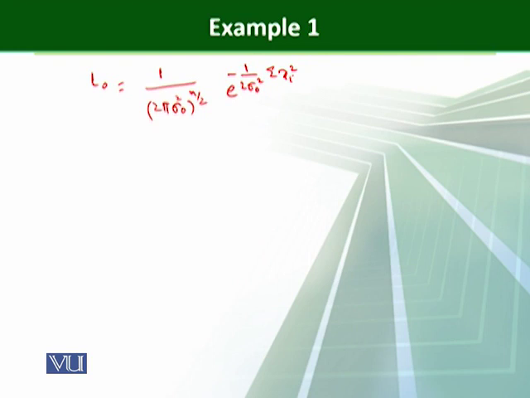Similarly, the likelihood function under the alternative hypothesis, that is L1, is equal to 1 over 2 pi sigma 1 square raised to power n by 2, and e raised to power minus 1 by 2 sigma 1 square sum xi square, where xi belong to the real line and i varies from 1 to n.